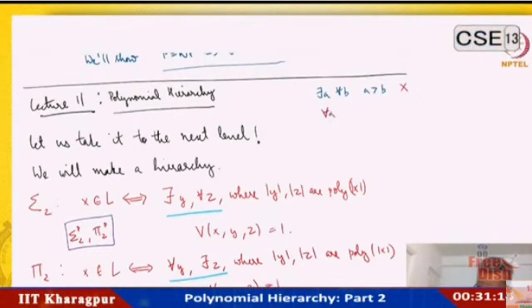For all a, there exists b such that a is greater than b. This is true, because if you pick any number a, you could simply pick a b that is smaller than that. So what is happening here is the order of quantifiers. In the first case, you want an a that is bigger than all the b.